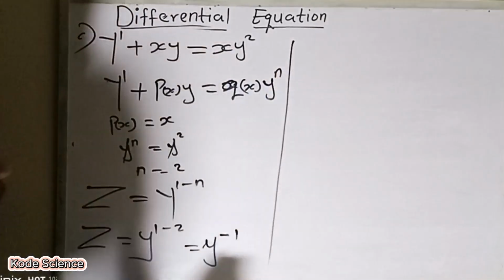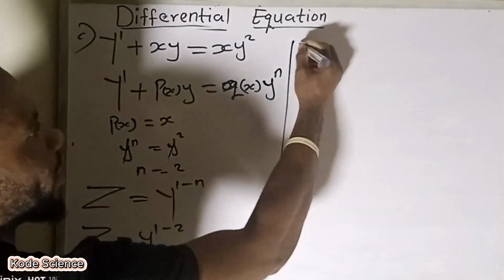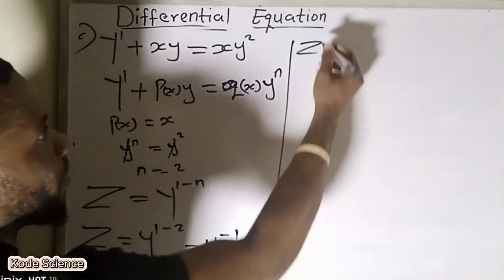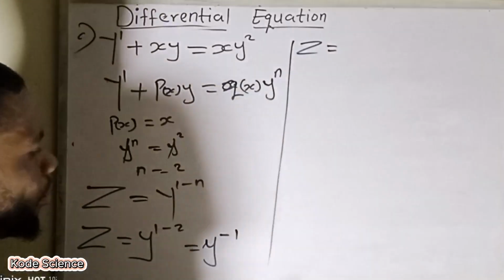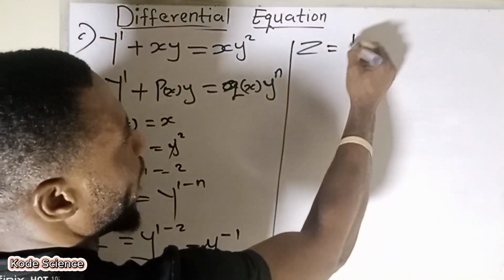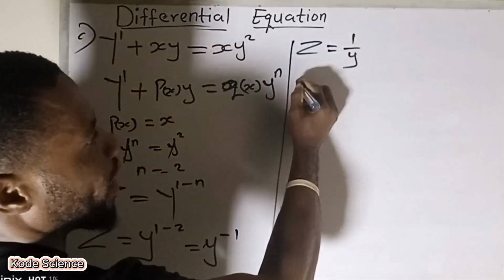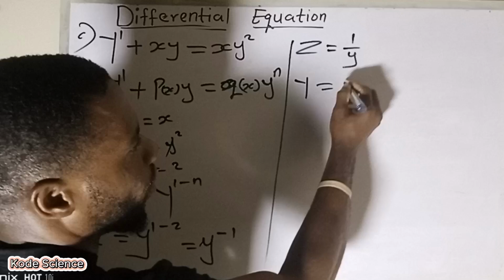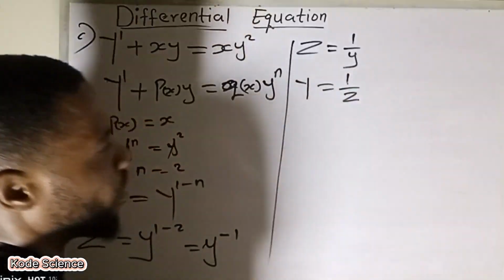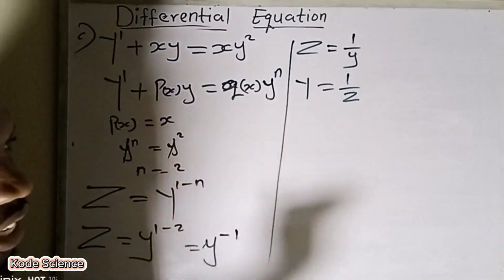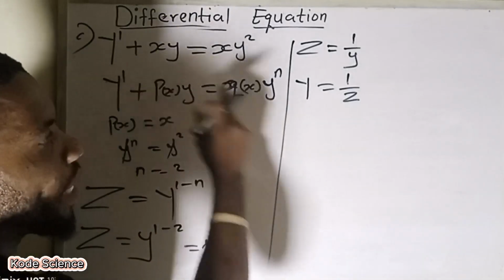This can also be written as z is equal to 1 over y, making y equal to 1 over z.